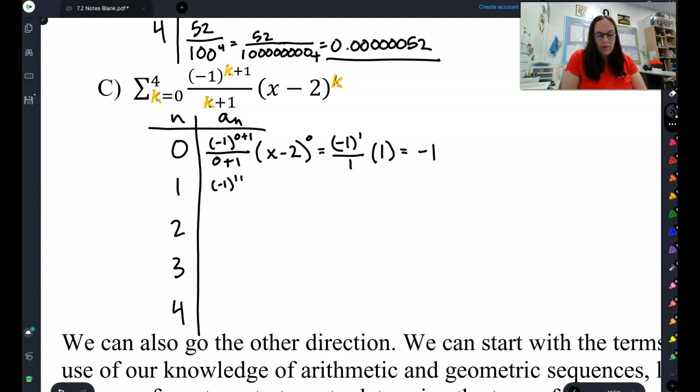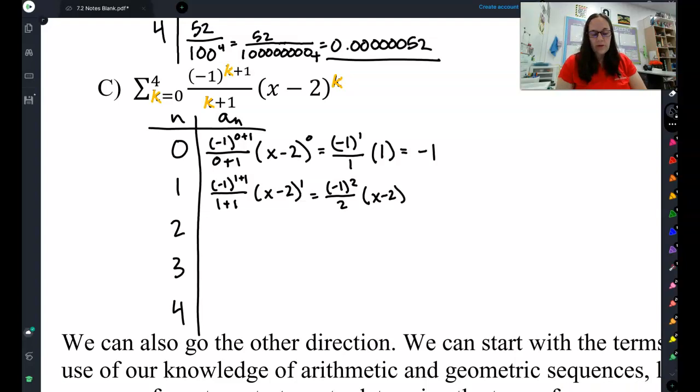Versus if I do the second one, plug in 1 to all those k spots, this is going to become -1 squared over 2 times x minus 2, because anything to the first power is itself. -1 squared is a positive 1, so this is 1/2 times x minus 2.